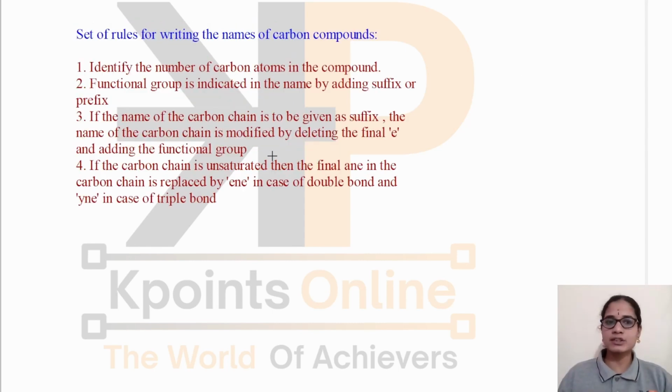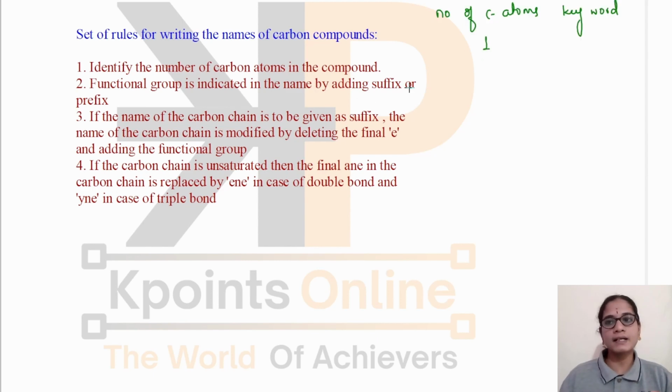Now let us see some rules for writing the names of carbon compounds. The first step is to identify the number of carbon atoms in the compound. This is the most important step to be followed while naming carbon compounds. As we discussed in the previous class, the number of carbon atoms is indicated by the root words meth, eth, prop, and so on.